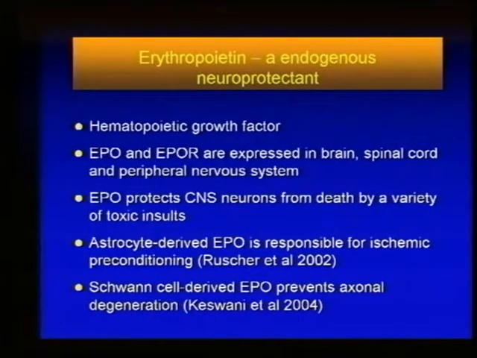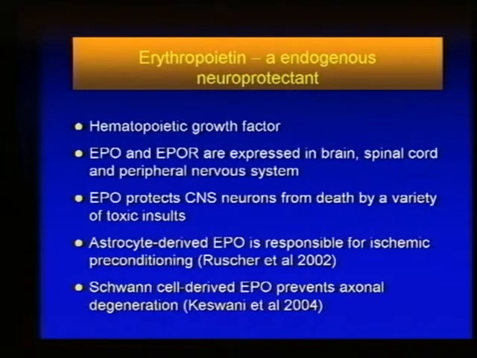And this basically means that when the brain is exposed to a period of oxygen deprivation, it seems to actually be protected against a subsequent worsened period of oxygen deprivation, and that's because of this erythropoietin release from the astrocytes.